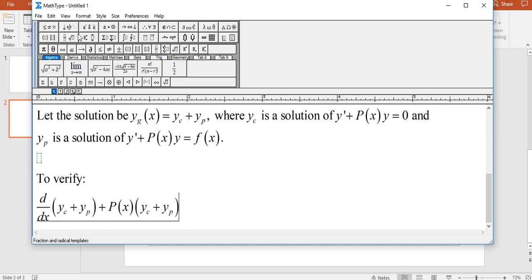And does it equal f of x? So can we put a little question mark above it? Does this equal f of x itself?